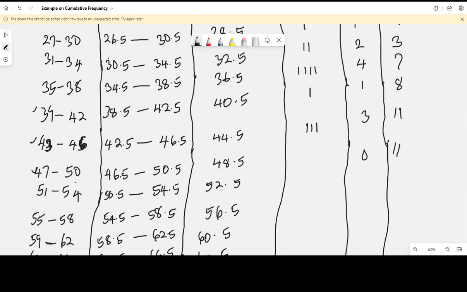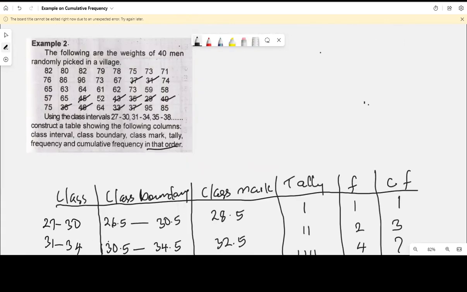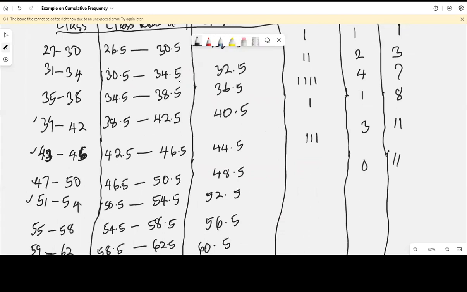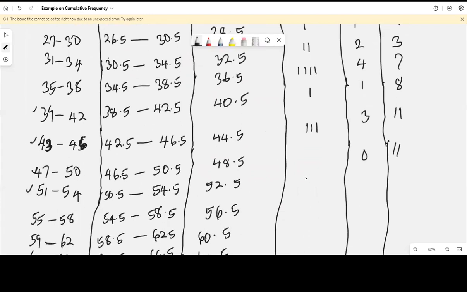The next interval is 51 to 54. Only 1. We put a stroke there. Then the frequency is 1. 1 plus 11 is 12.